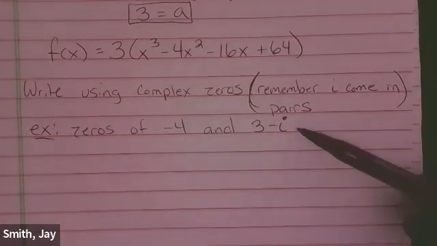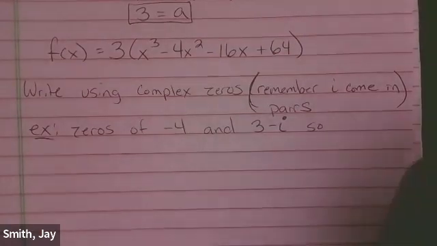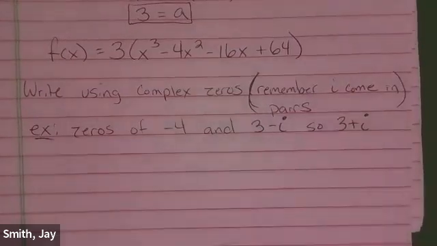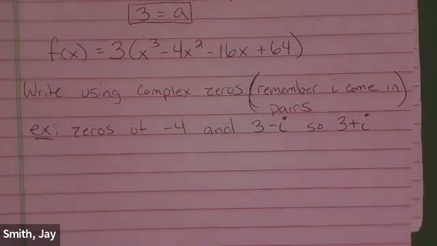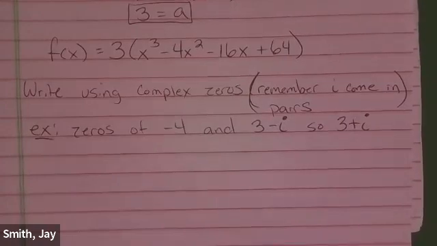Now, the fact that they told us that 3 minus i is a complex number also lets us know that 3 plus i is another zero for this one. So if they give us one complex number, we can take the conjugate, which simply means change the sign in the middle. That's also going to be a zero for the given problem.